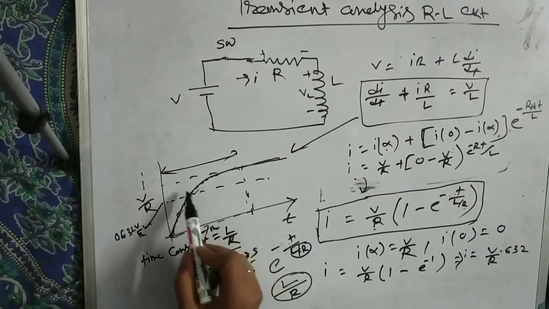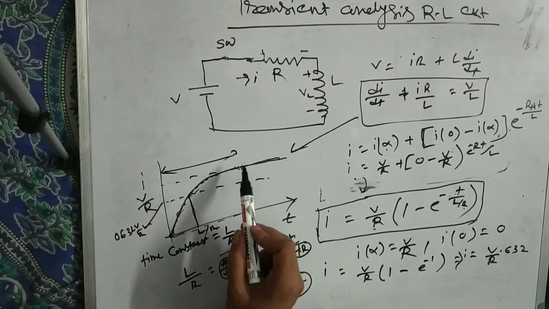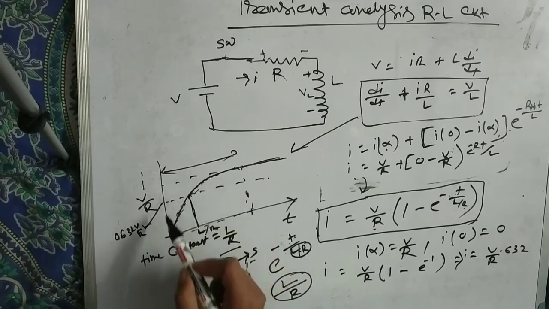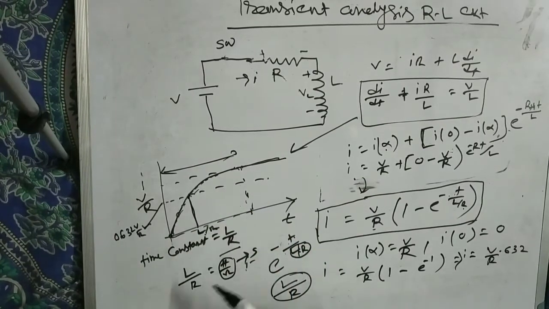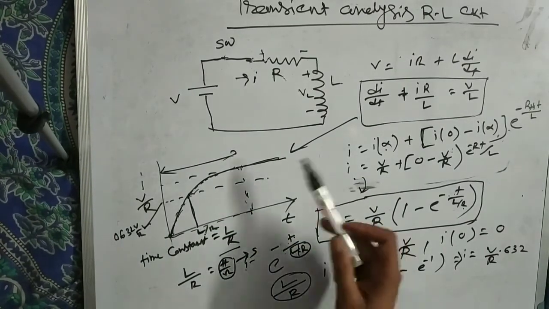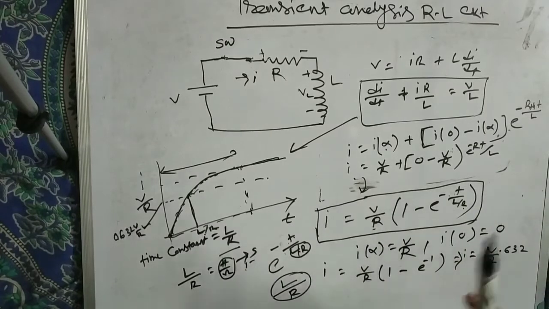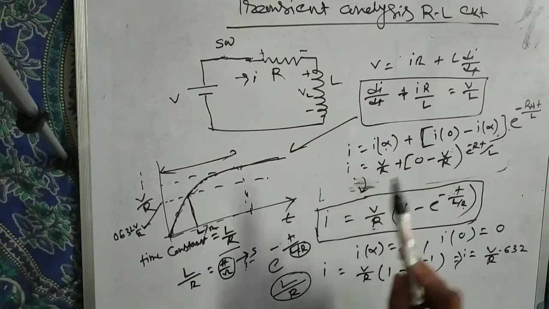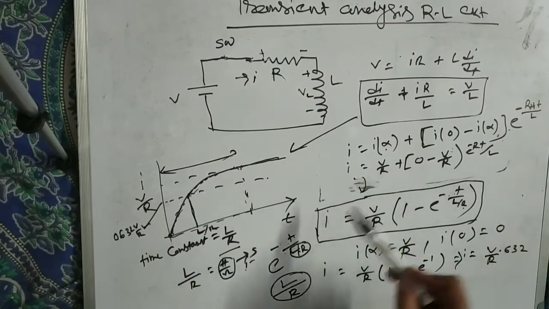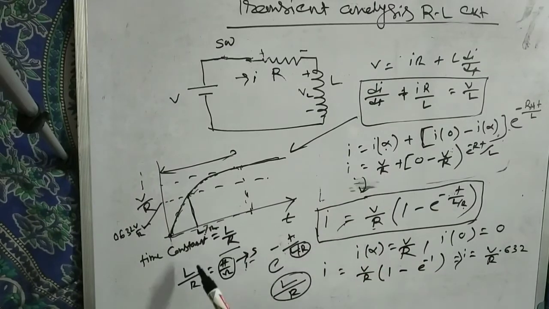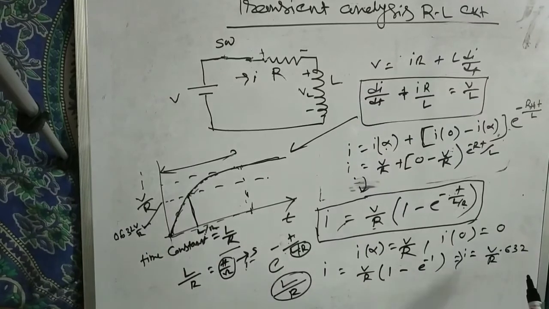This term is between two steady state points, the nature of the current. So this is the current and transient analysis of the RL circuit. Transient will happen in any circuit when an energy storing element is there, and we have already covered what is time constant and the definition of time constant.